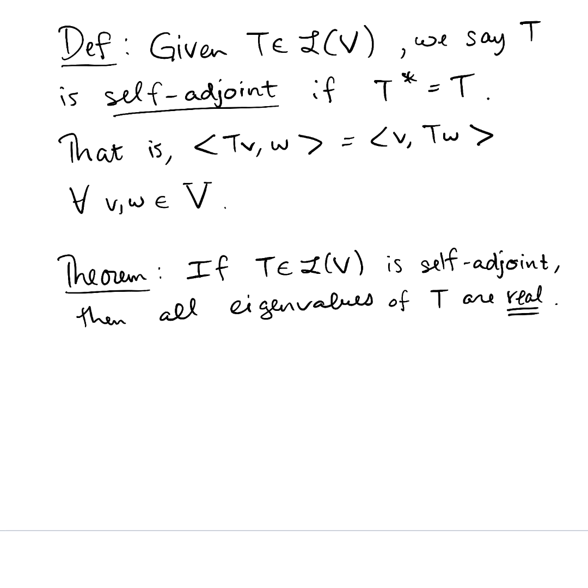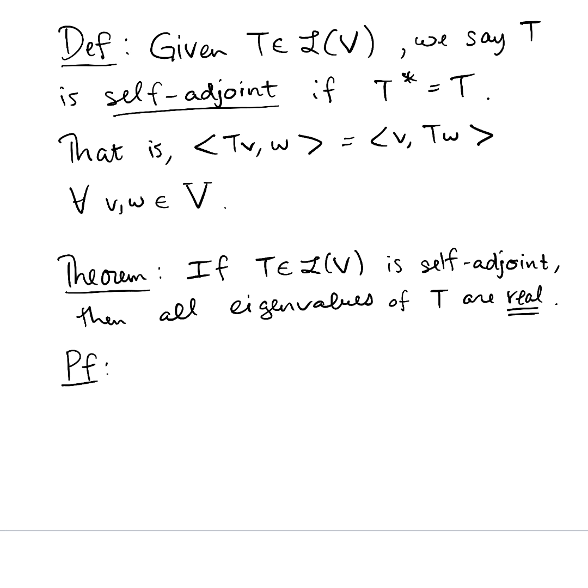So self-adjoint operators are nice in that their eigenvalues are all real. So whatever eigenvalues there are, they have to be real numbers. And the proof is really straightforward.